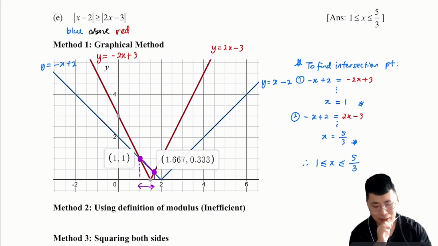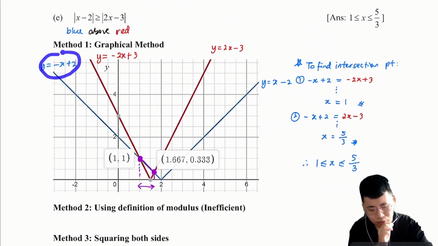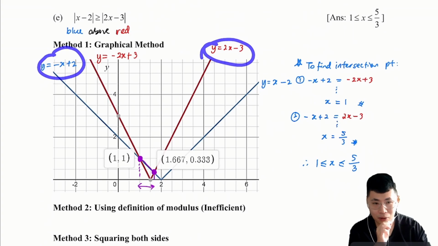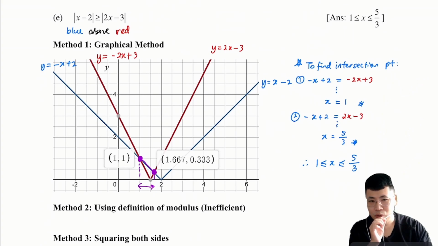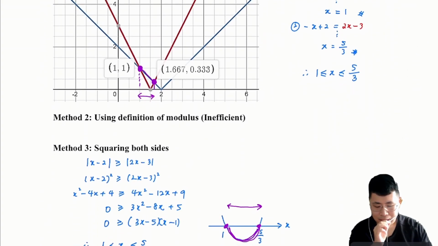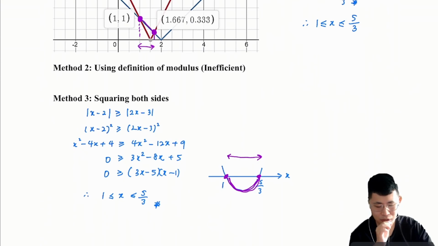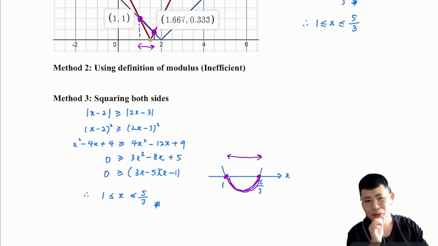Over here, we will need to be very careful to solve which graph gives us which intersection point, and from there observe and write out the solution for the inequality. The definition of modulus would be inefficient here, but we can square both sides, because we still usually get two solutions anyway.